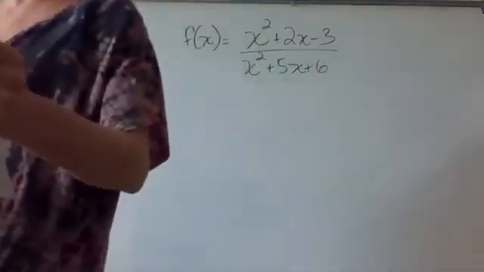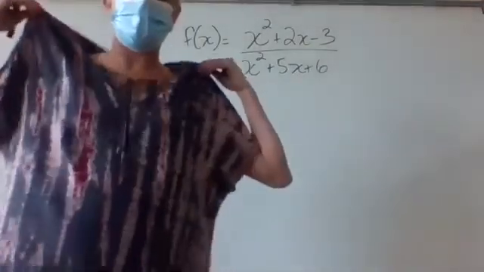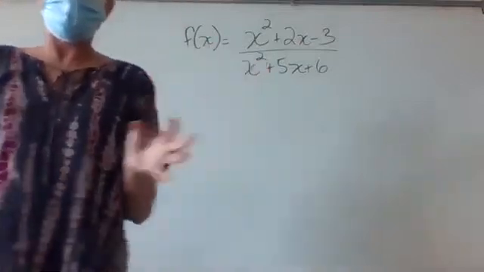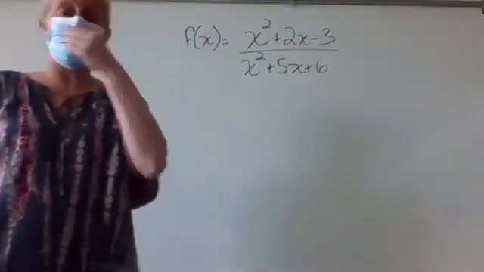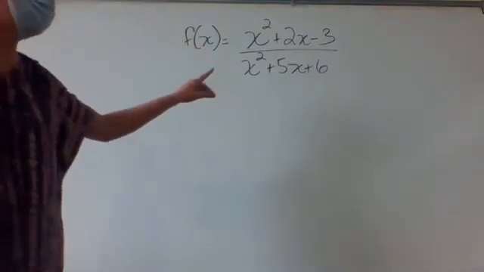So it's going to ask me domain, x-intercept, y-intercept, vertical asymptote, horizontal asymptote. It's going to ask me everything. So the first thing I'm going to do, because a lot of that information comes from finding the zeros of the numerator and the denominator.